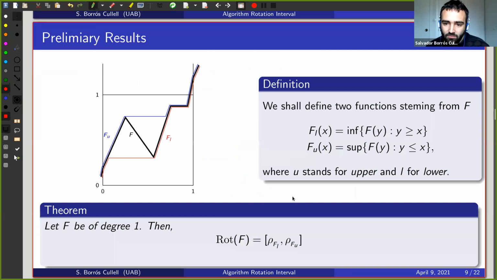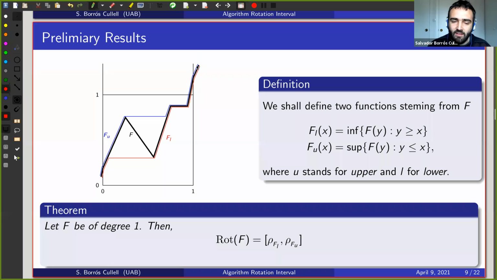However, let us first talk a bit about the upper and lower functions, because these are very interesting functions that we may use to compute the rotation interval, because they are non-decreasing. They are built by this formula here.